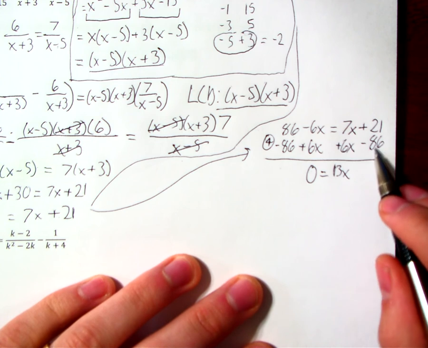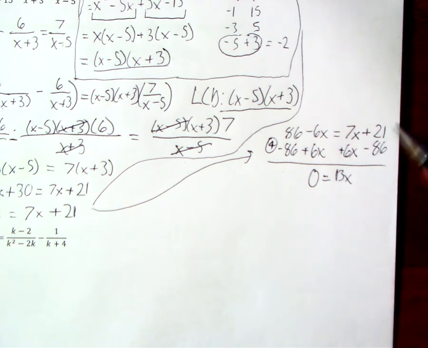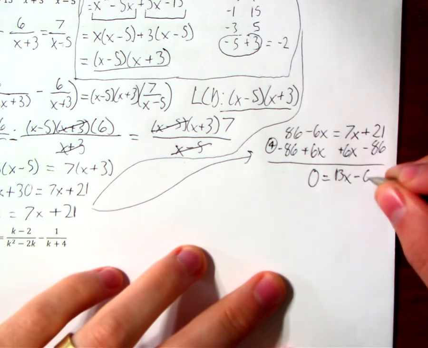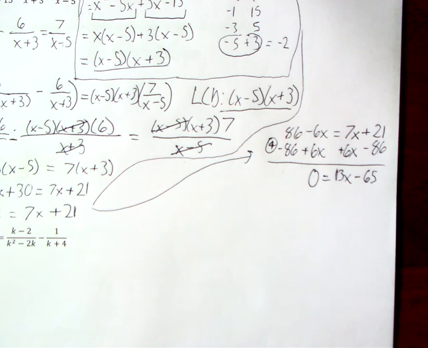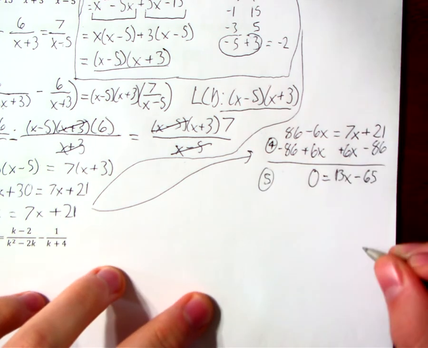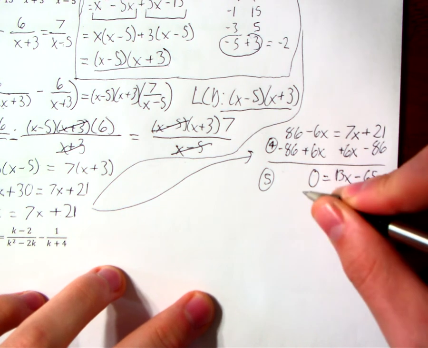And then I'm going to get, what is 21 minus 86? Well, 21 minus 6 is 15. And then 15 minus 80, boy, that's going to be negative 65. Negative 65, I believe. So now can I solve this rational expression? I think I can by adding 65 to both sides.